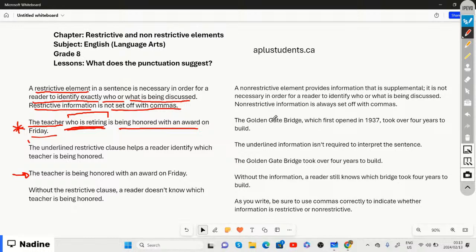Then we have non-restrictive elements. A non-restrictive element provides information that is supplemental, and it is not necessary in order for the reader to identify who or what is being discussed.